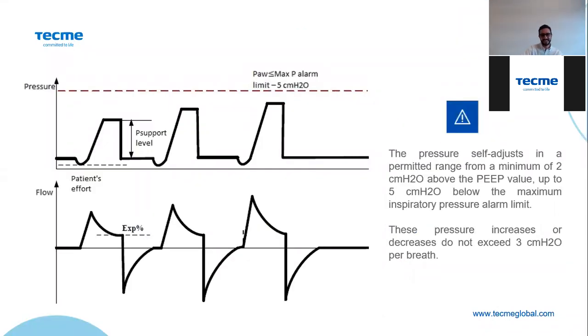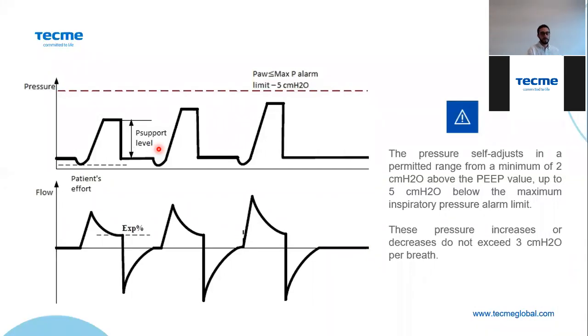So it's exactly the same as PRVC, but here you have like a pressure support. So you are setting a tidal volume in this ventilatory mode, and breath by breath, this pressure level will increase up to 3 centimeters of water in order to achieve the target tidal volume.